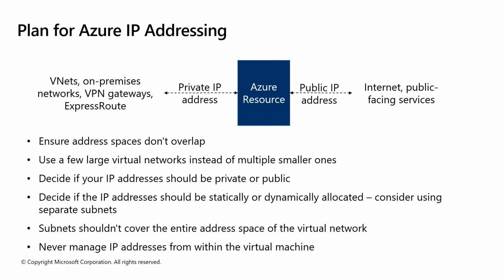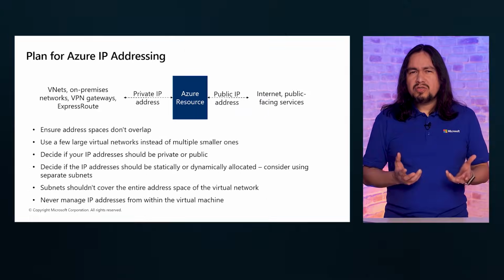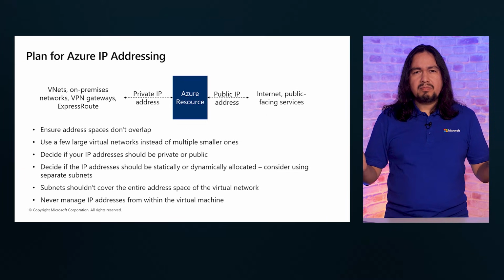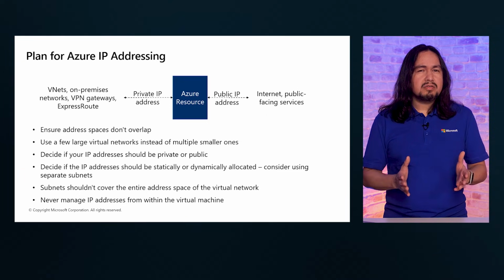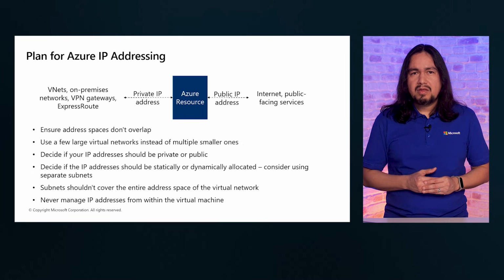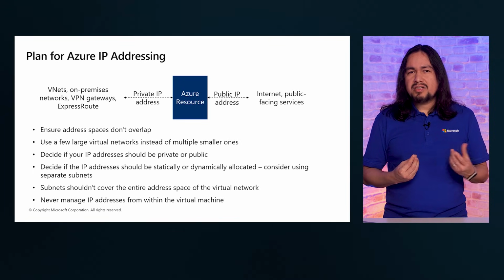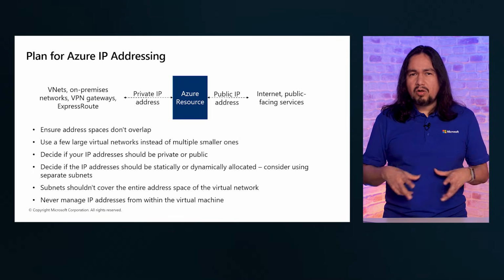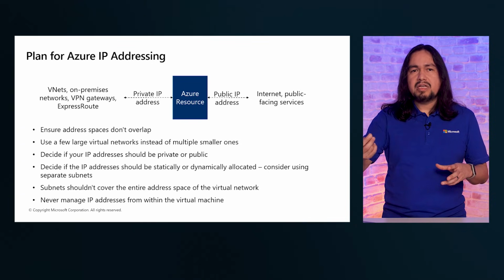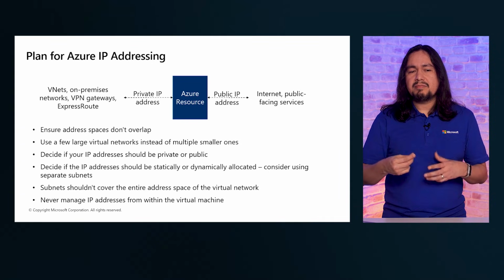Let's talk about planning your Azure IP addressing. First, if you want your virtual networks to communicate with each other, make sure that their address spaces don't overlap. Also, try to plan for bigger virtual networks instead of a lot of smaller ones. Also, you need to decide if your Azure resources are going to be available only internally, or if they are also going to need a public IP associated to them.